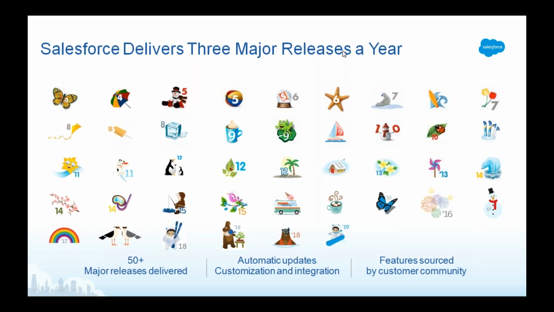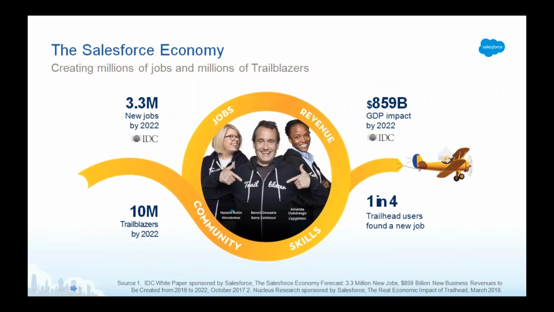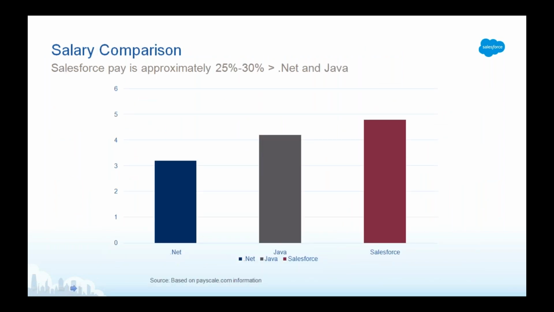Another thing: Salesforce is going to provide 3.3 million jobs by 2022, and the salaries you will get are more than 30% higher than what people in other technologies are getting.